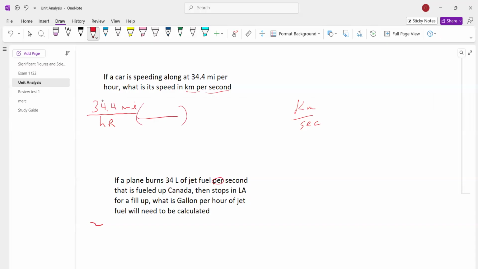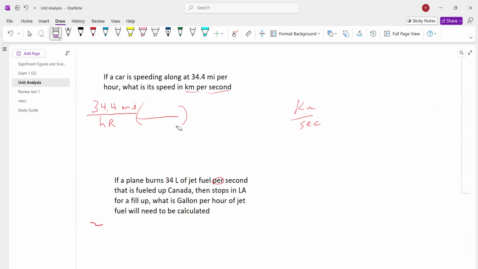So in our calculated answer, seconds are on the bottom in the denominator. So we need to have seconds down here. Remember, given always has to cancel. Do we know how many seconds are in an hour? Did somebody say 3,600? Oh, they said a minute, never mind. Yeah, 3,600 seconds. But we're not going to go directly.